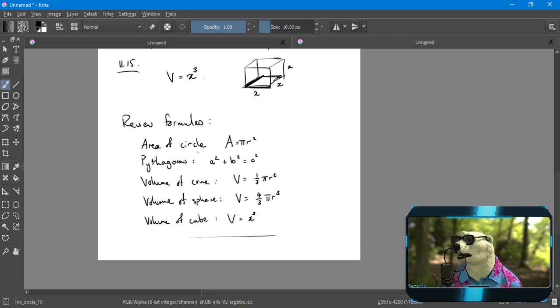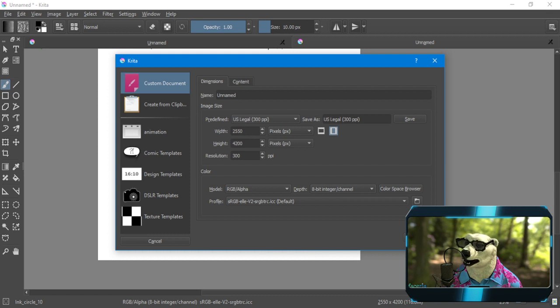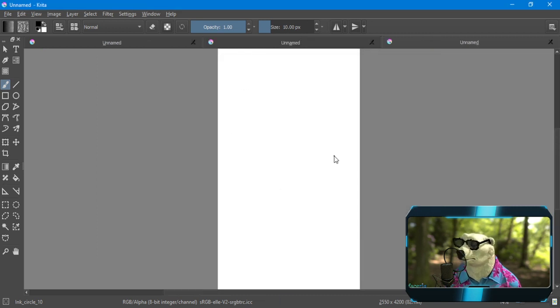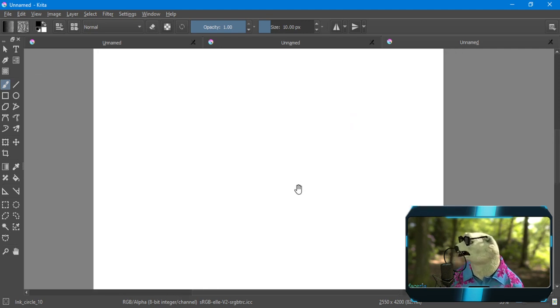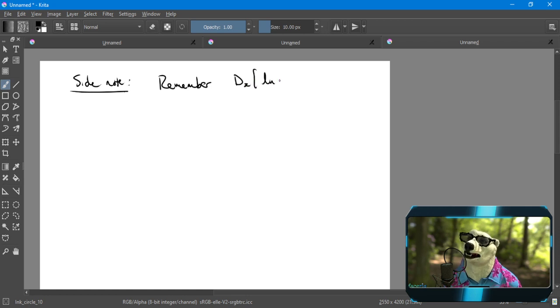Now, as a side note, I want to go back and remember that we said the derivative of the natural log function for positive x is 1 over x.